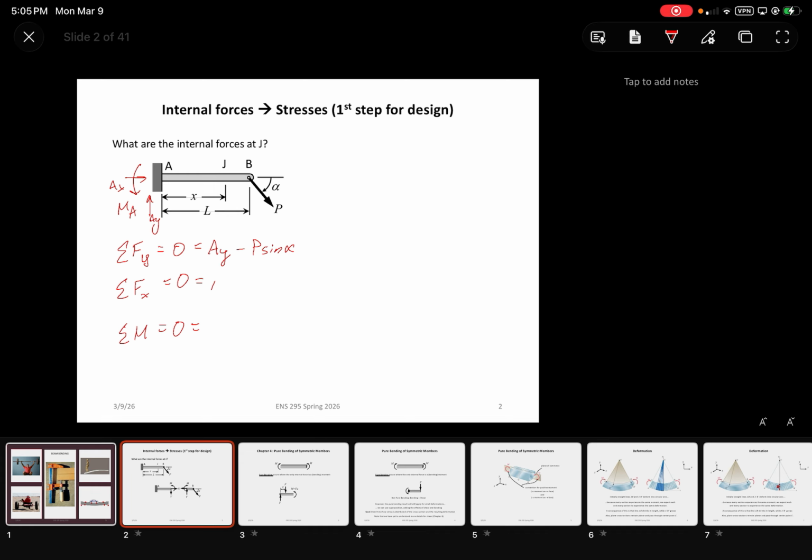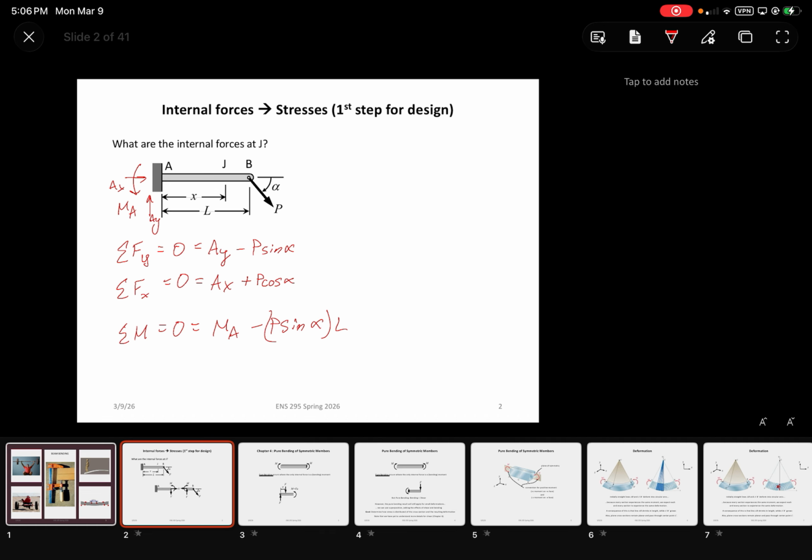For AX, you would have AX plus P cosine of alpha. And then for the moments, you would have MA minus P sine of alpha, multiplied by L.